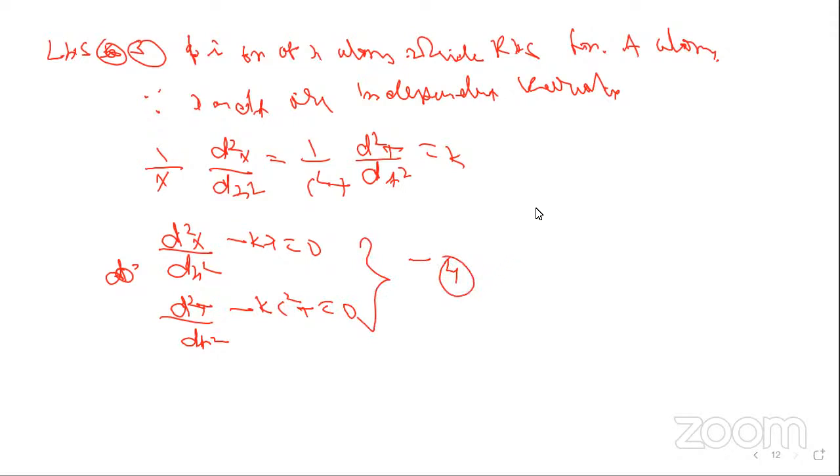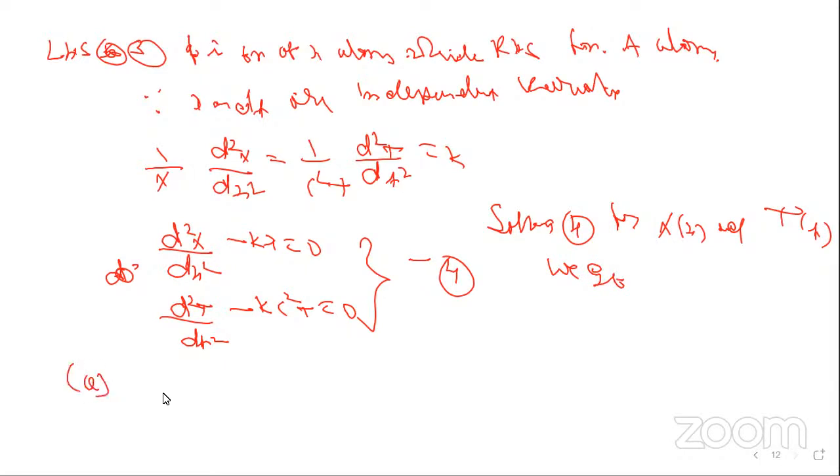Consider solving 4 for capital X of small x and capital T of small t. We obtain, first condition, k is positive, so k equal to p square.